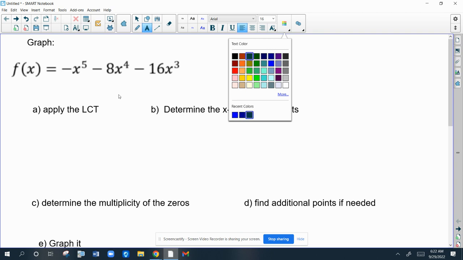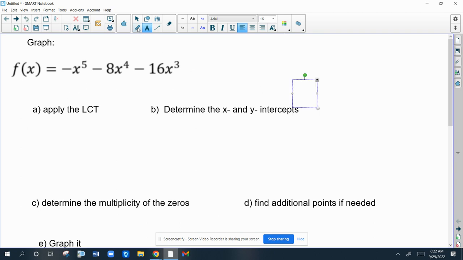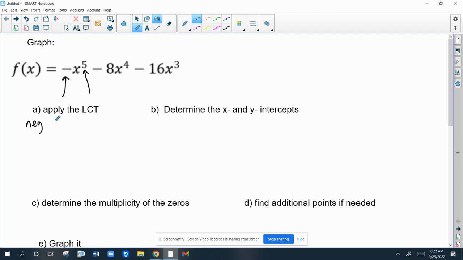So this behaves like a negative x cubed, and negative x cubed looks like this, flipped like this. That's a bad drawing, but we know it starts up and ends down. That's what the leading coefficient test tells us. Obviously a big deal in graphing.